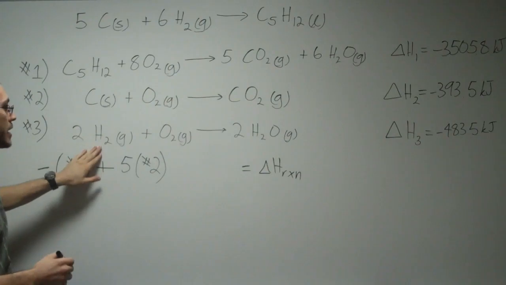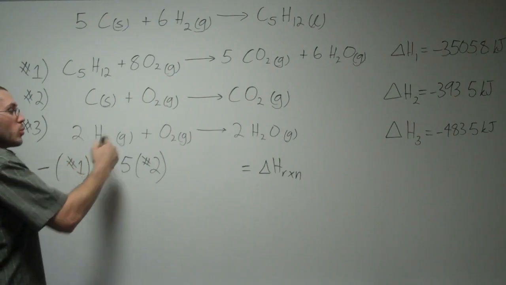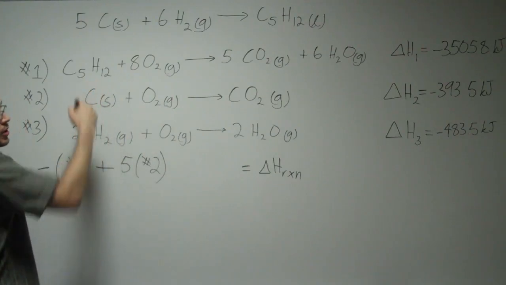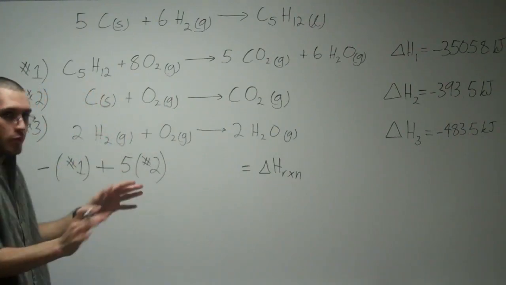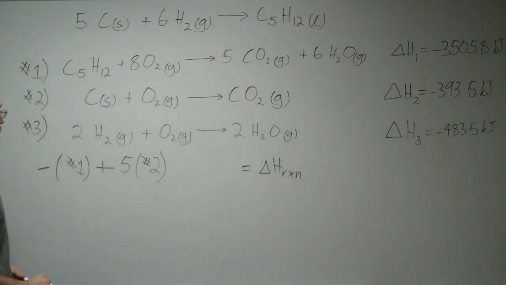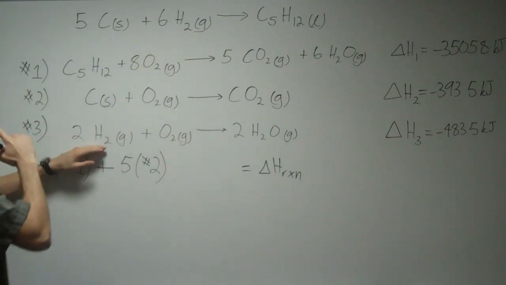And then I am looking for 6 H2s, and I see H2 here as well. This was really nice because H2 only appeared in one equation, carbon only appeared in one equation, and pentane only appeared in one equation. I'm not even really concerned about the O2s or the CO2s or the waters. I need 6 H2s and I already have 2.